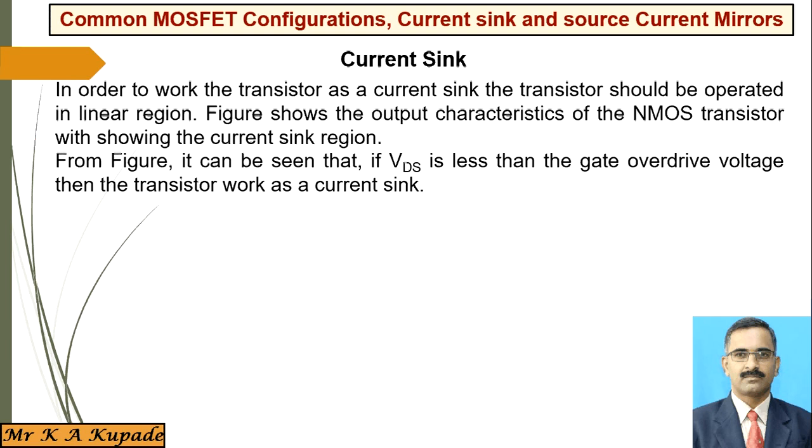Do you remember what the linear region is? The linear region, which we also call the ohmic region. In that, the current starts to flow from 0 up to that constant point, whenever the gate to source voltage reaches that particular VTH point.